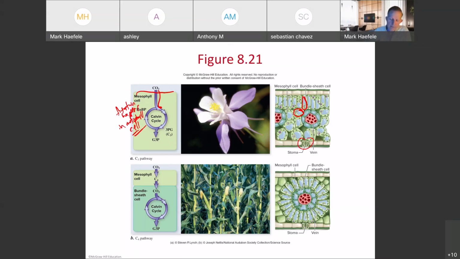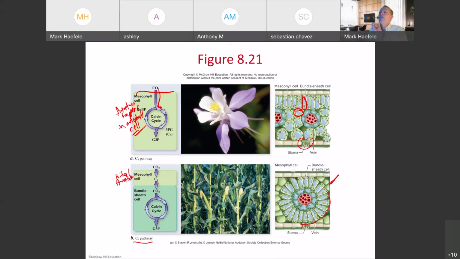In a C4 pathway, it's a little bit different. Notice the C4 leaf is organized a little bit differently. You can see this little ring of mesophyll cells around your bundle sheath cells. And so the idea here is carbon fixation is happening in the mesophyll cells. So you have an initial fixation in the mesophyll cells using the PEP carboxylase, which grabs onto any little wisp of CO2, by the way.